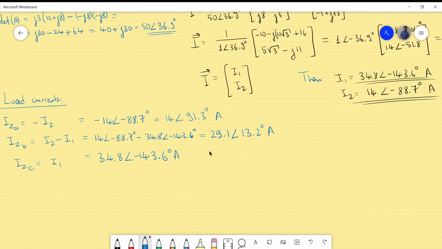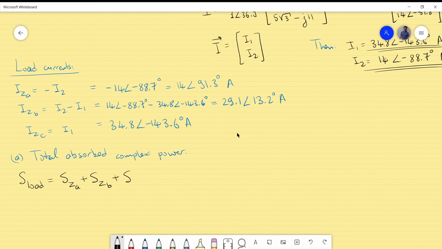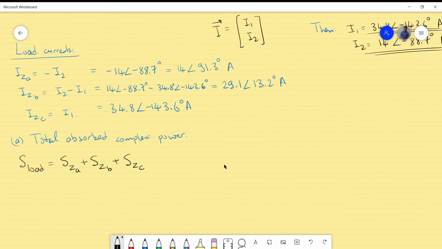Now I can use the formulas for the total power. So let's move on. This is actually for question A, the total absorbed complex power by the loads. I know that S of the loads will be S due to Z of A plus S due to Z of B plus S due to Z of C. So I can calculate each of the complex powers due to each load, add them up, and I will have the value.